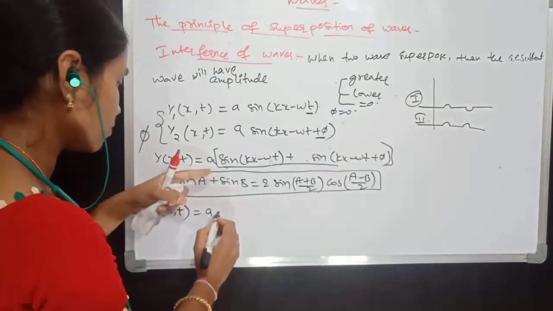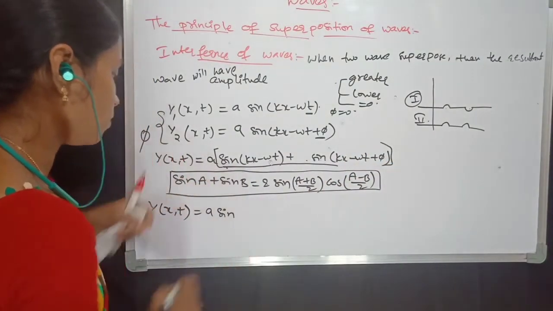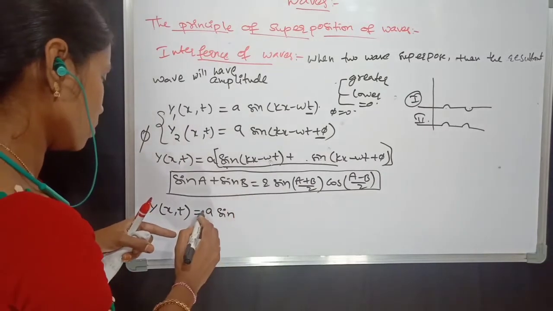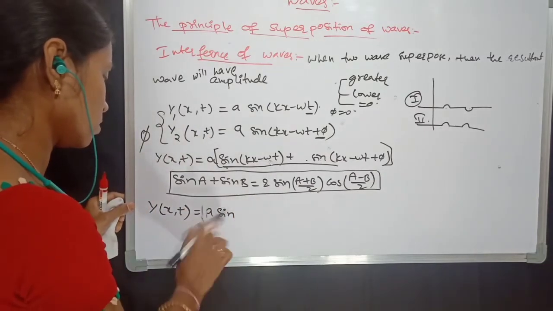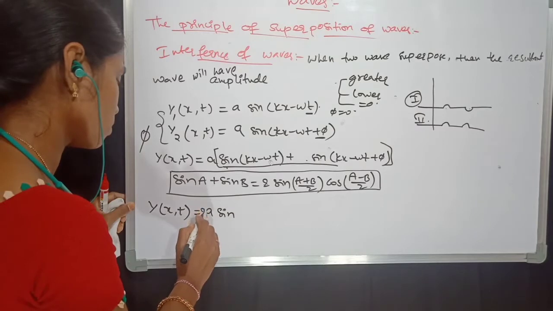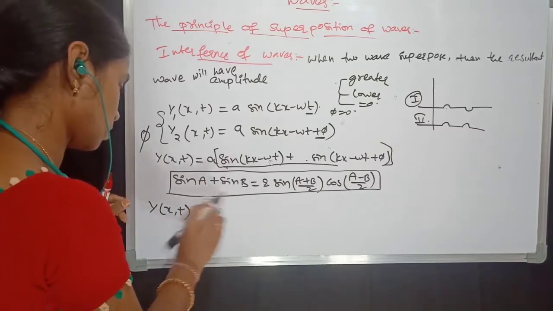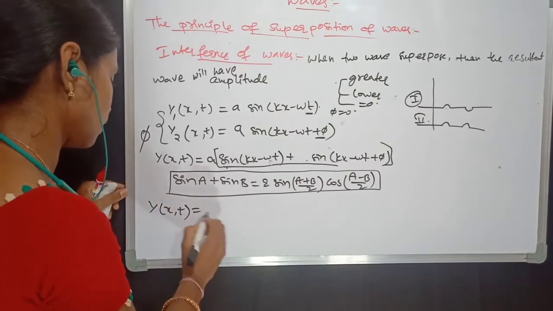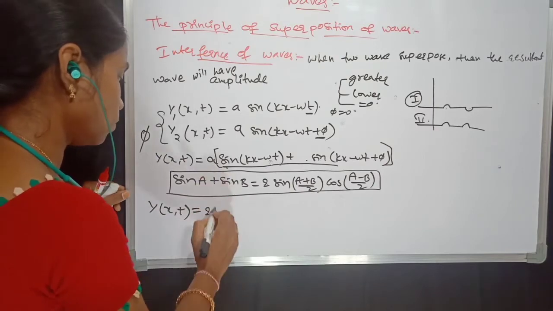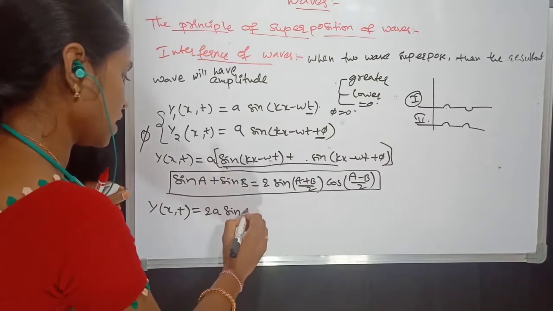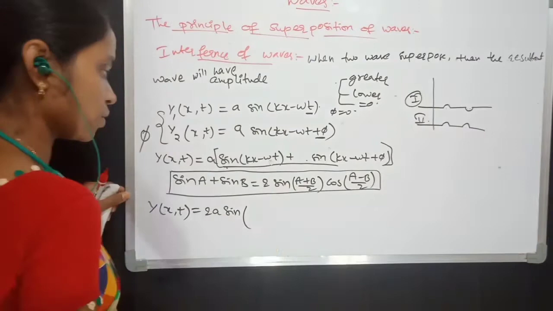Then this will be equal to 2a sin of (A plus B) by 2.